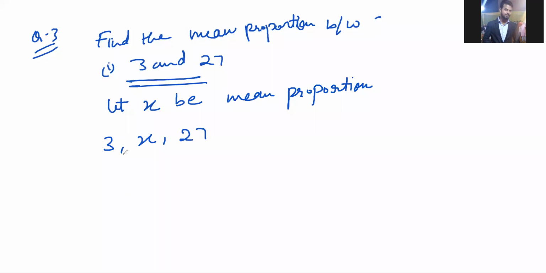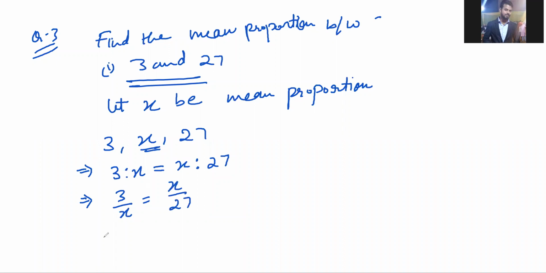And if they are in continued proportion, how can we make a relationship between them? 3 ratio X is equal to X ratio 27. Can we write like this? Because X is a mean proportion, it means X is in the middle. So if X is in between 3 and 27, we can make the relationship like this. Now we will write 3 upon X is equal to X upon 27.